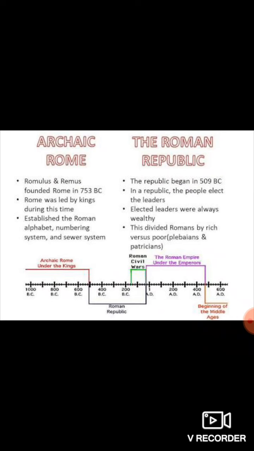Then the phase of Roman Republic came. It began in 509 BC. In a republic, the people elect the leaders. Elected leaders were always wealthy. This creates a division in the society, and the division was seen in the Roman society also between the rich and the poor, or the plebeians and the patricians.